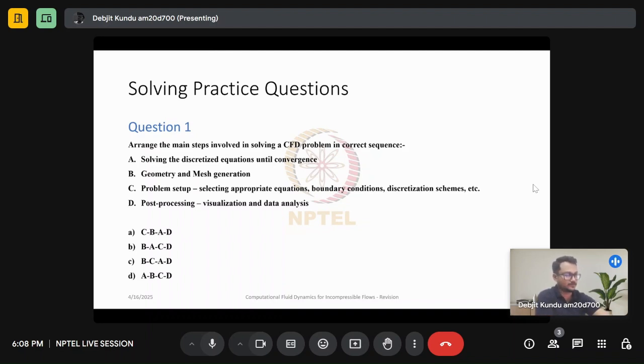Let's take a look at the solution. It's actually option C, BCAD. So first step obviously is to generate the geometry and mesh.